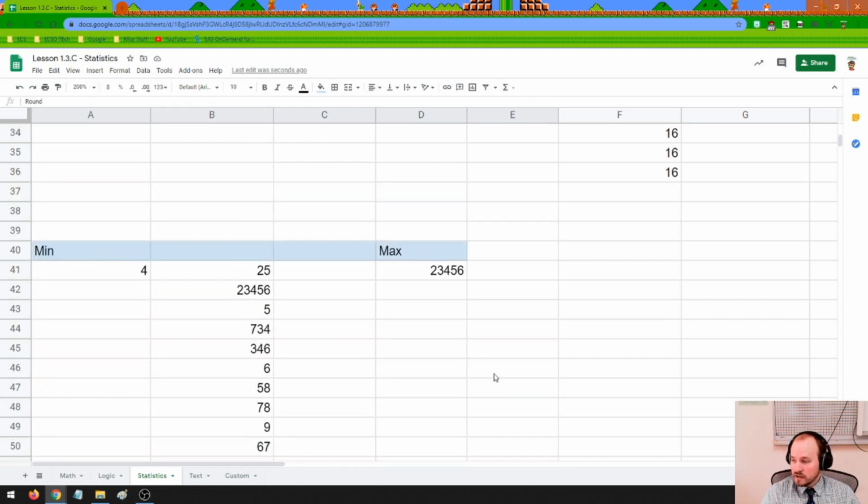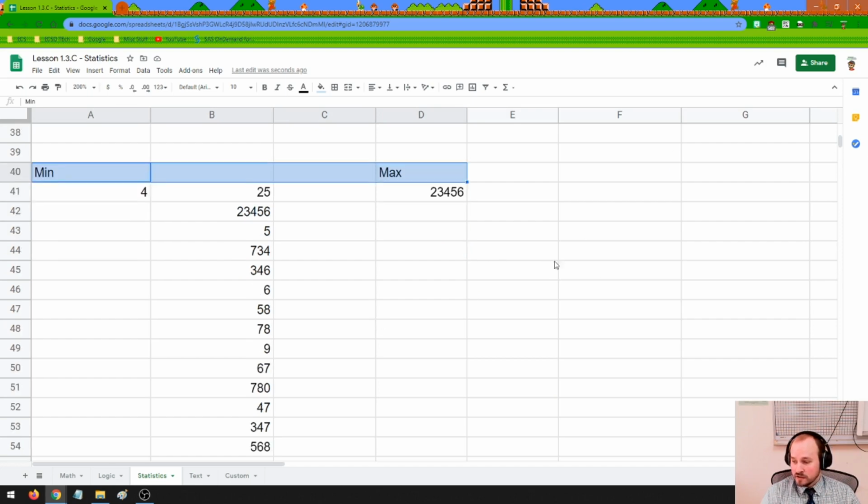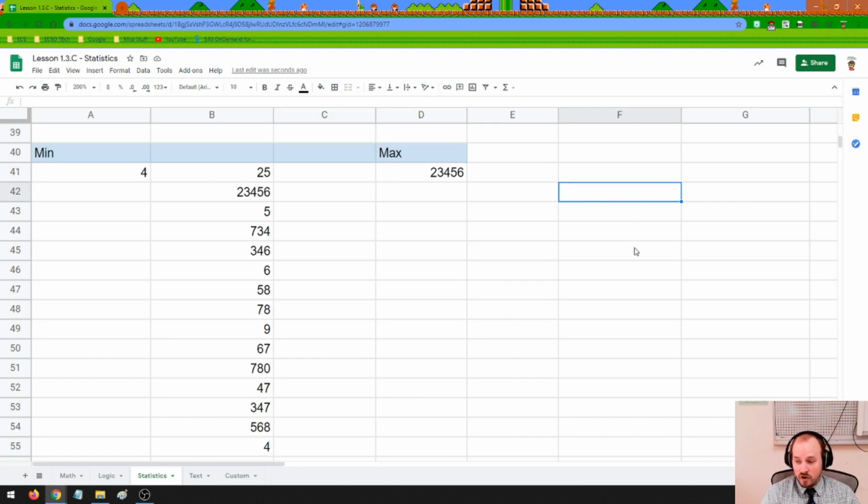All right. Similar idea with min and max. We can kind of grab the upper and lower values. This is a really nice way for us to find any types of errors. Because, for example, if we have grades and you want to find the highest and lowest grade in a class, you could do that. You could also prevent any sort of mistakes.